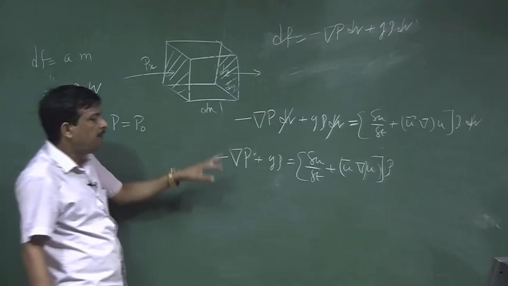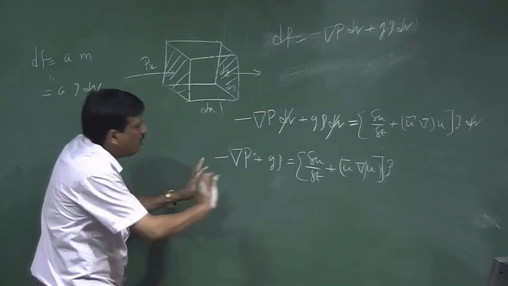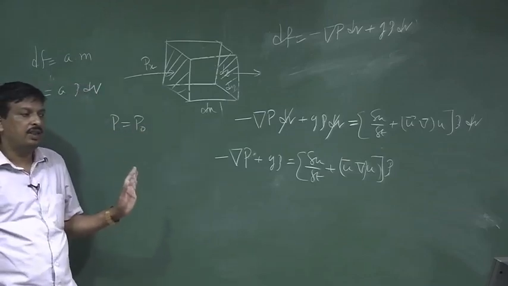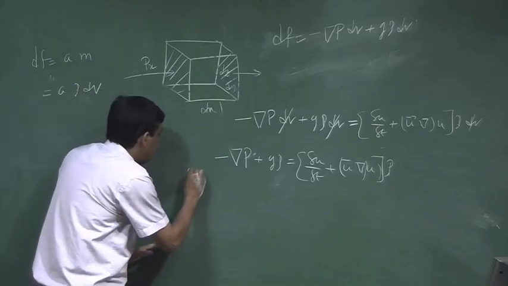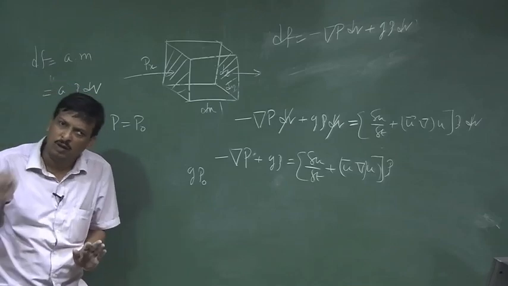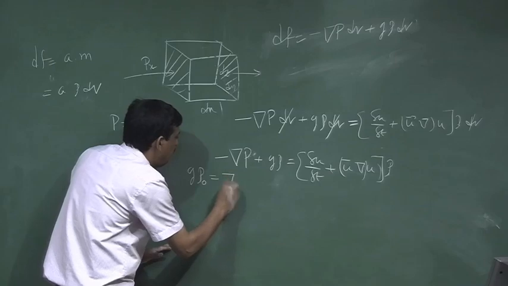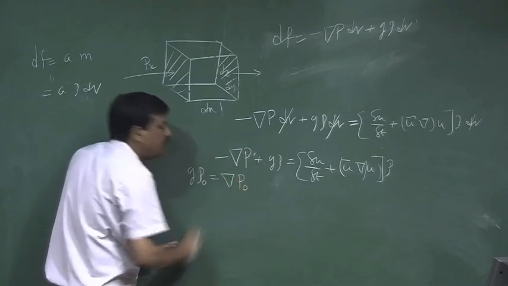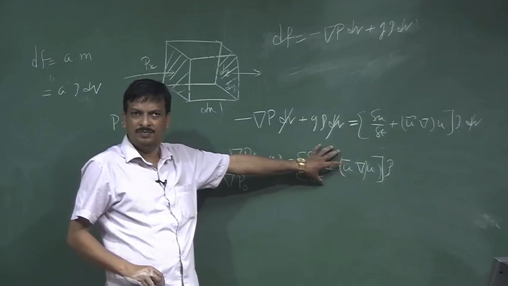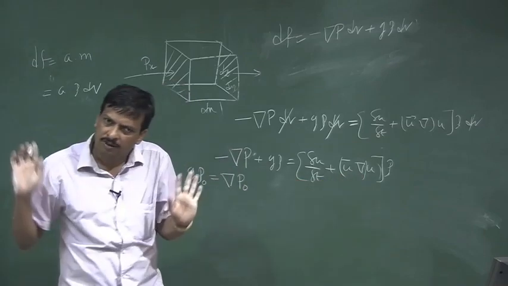So, in this equation, if there is no acoustic excitation, I can say G rho 0, no acoustic excitation means equilibrium density rho 0, G rho 0 is nothing but equal to the divergent of P0, because this portion is 0: no particle velocity with respect to time and position, no acoustic pressure.